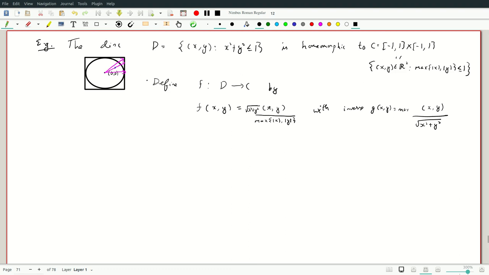So that is the max of |x|, |y|. Okay, so these two you can explicitly check are inverses of each other, both when (x, y) is not (0, 0). And f of (0, 0) is (0, 0), and similarly for g.